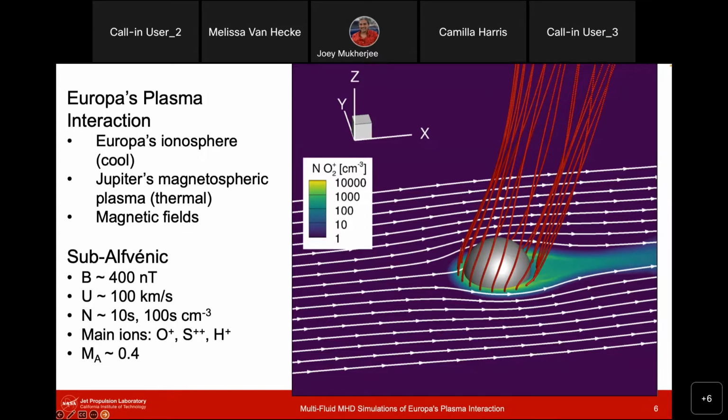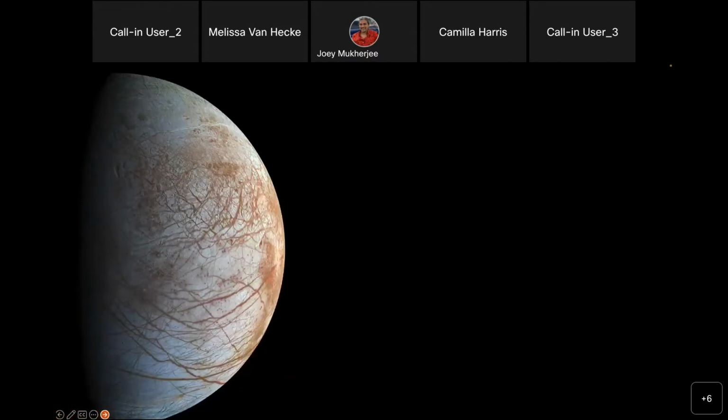The main ion species in the magnetosphere are O+, S2+, and H+, and of course electrons. And this leads to an Alfvén Mach number of about 0.4. So we're definitely sub-Alfvénic. Because of the variation in the magnetosphere, you're going to see a lot of variation in this Alfvén Mach number, but it's never going to be driven higher than 1.